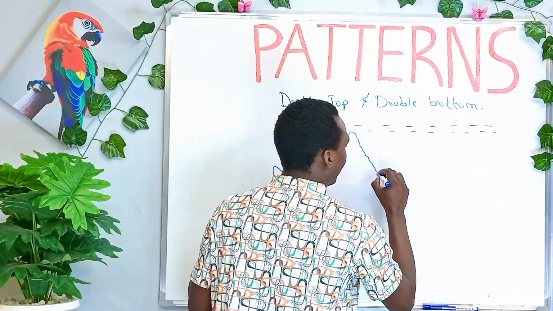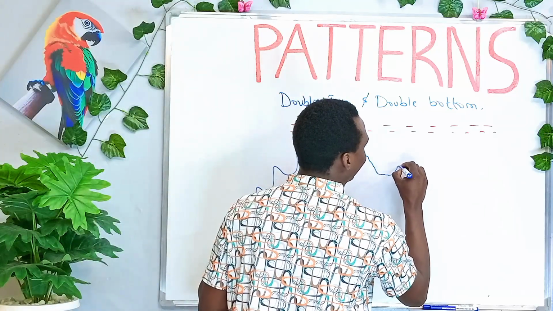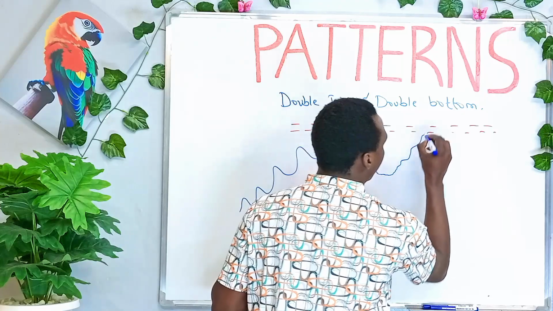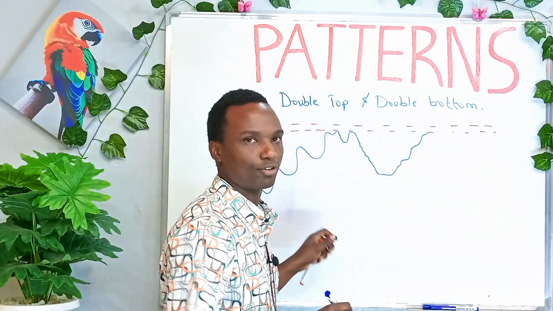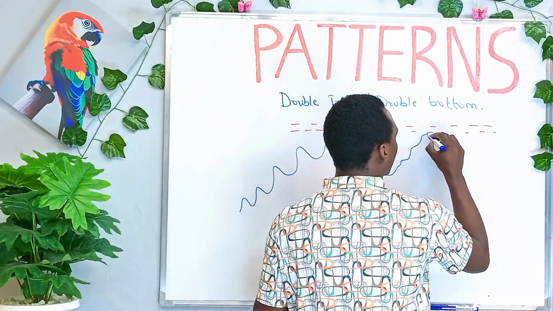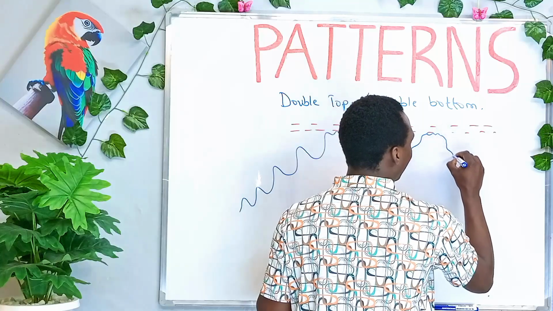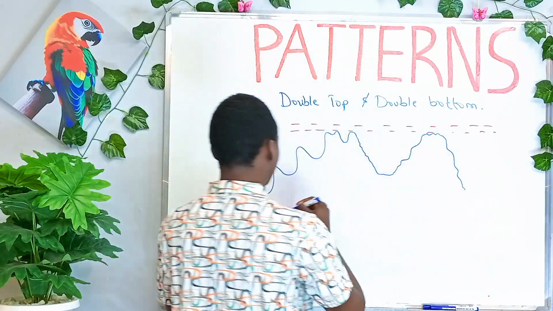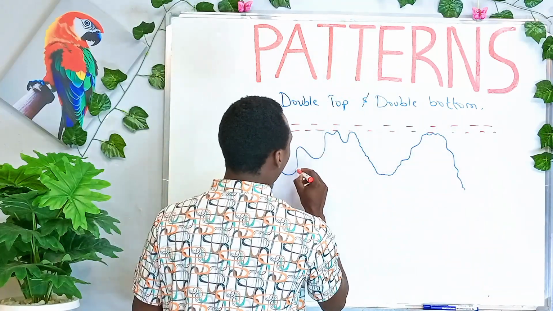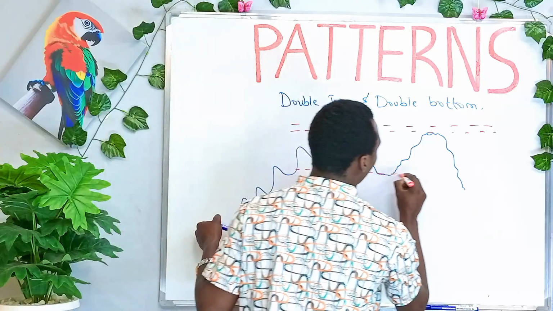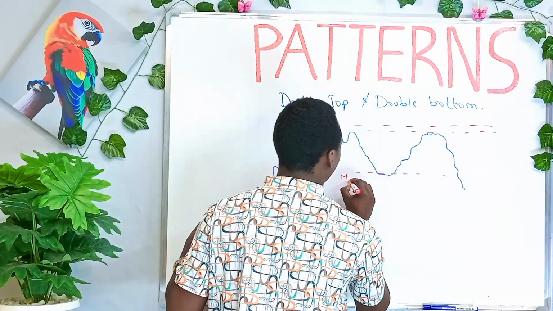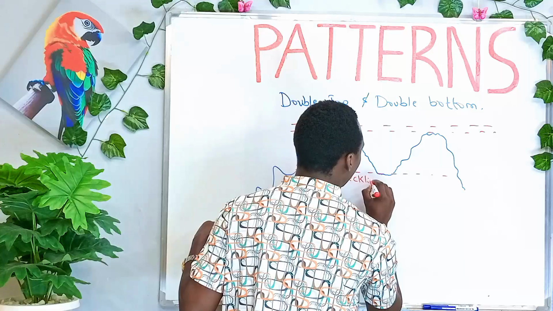Okay, it gains some momentum and tries to break that resistance level again. It bounces off here and then comes back to this line that is formed here, and this line, we'll call a neckline.